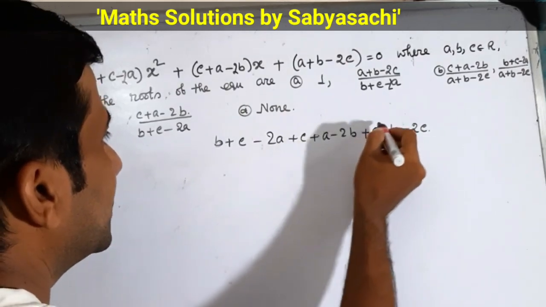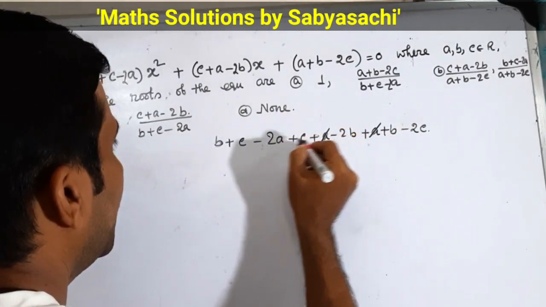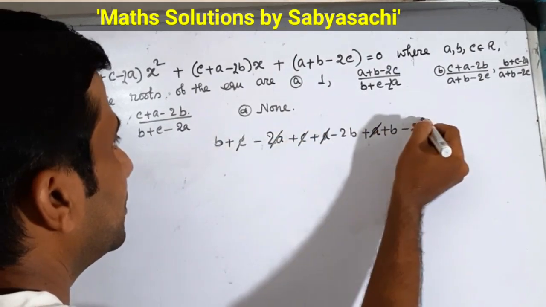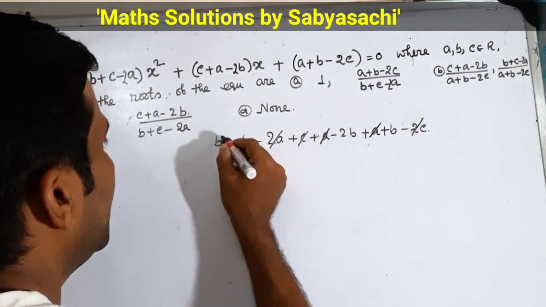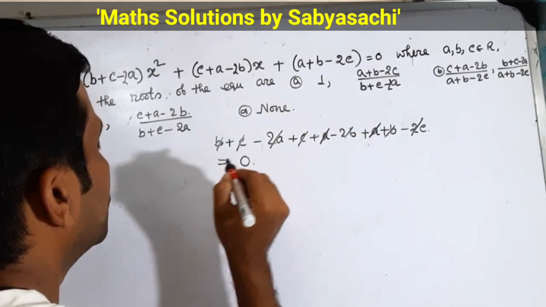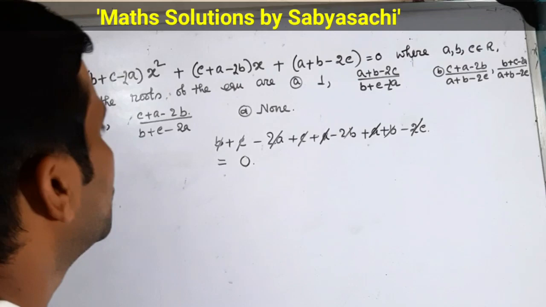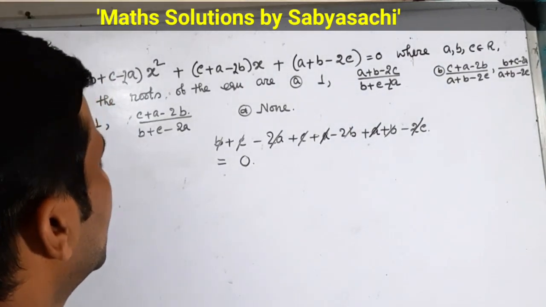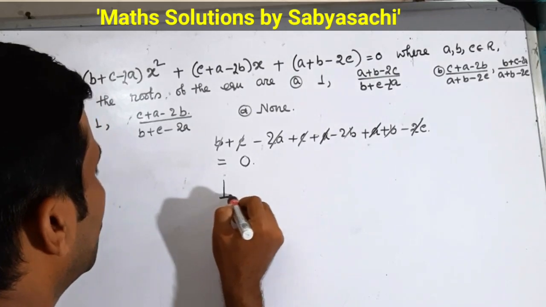From here it is clear that the sum of the coefficients is equal to 0, then one root is always 1.